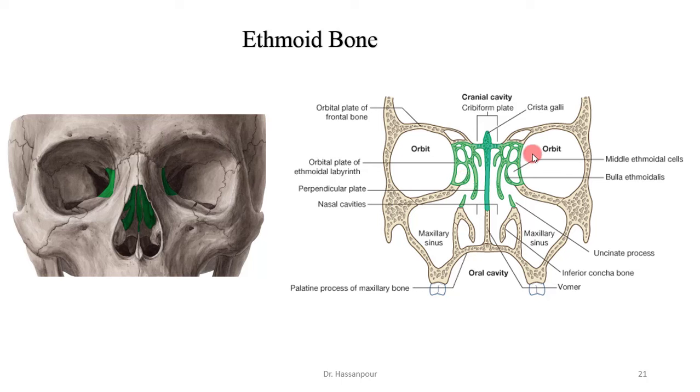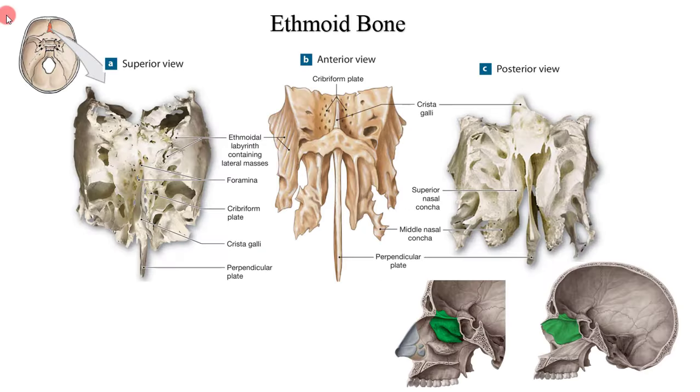Also, it forms the anteromedial floor of the cranium, the floor of nasal cavity, part of the medial wall of each orbit, and part of the nasal septum. The ethmoid has three parts: the cribriform plate, the ethmoidal labyrinth, and the perpendicular plate. Let's look at it individually.